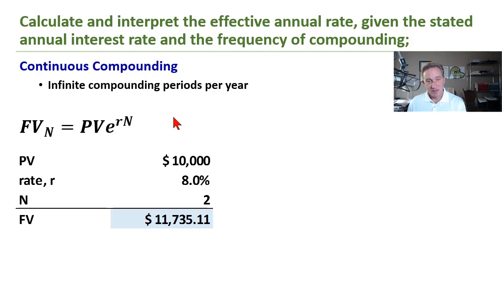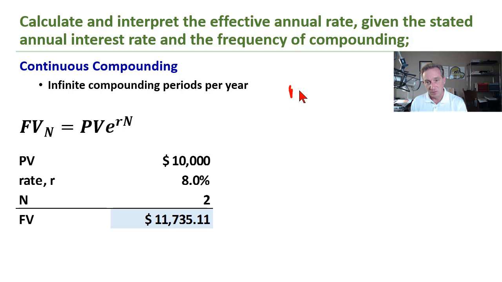Continuous compounding just extends the number of periods to its converging value. In other words, as M goes from 1 annual to 2 semiannual, I'll just draw that out.